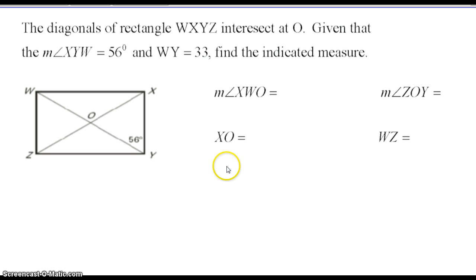So let's look at what the sides ask for first. XO right here is part of the diagonal. So if the entire diagonal is 33, I just need to divide it by 2, and my answer is 16.5.